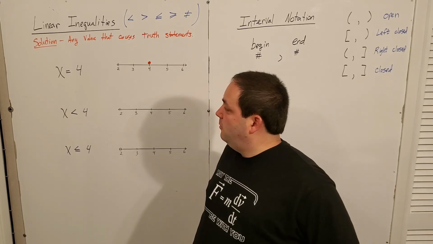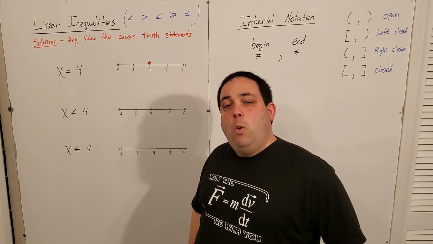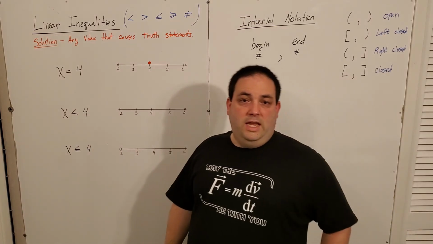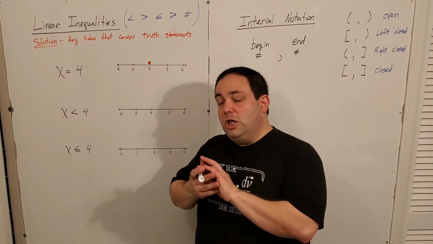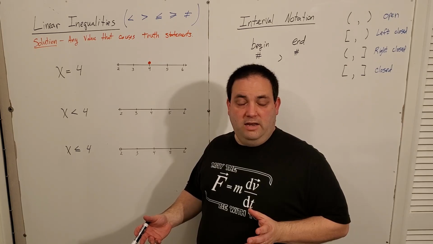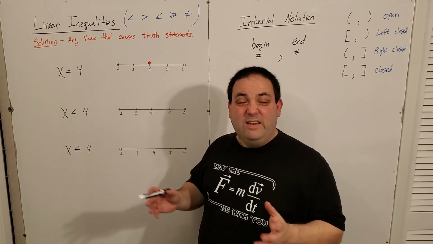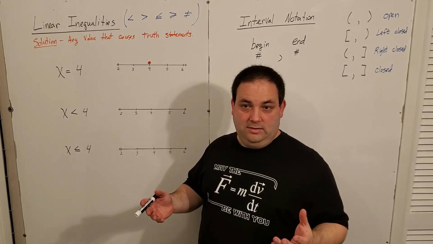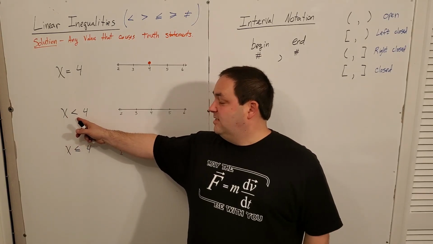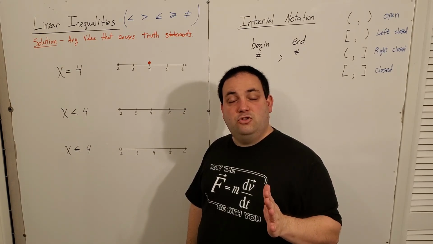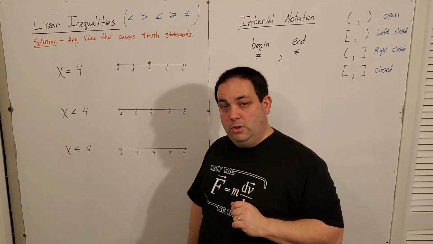However, an inequality, x is less than 4, for example, is an entire list of numbers. In fact, it's a humongous list. It's an infinitely sized list. Think about it. What's less than 4? By definition of less than, it would be anything to the left of 4 on the number line.